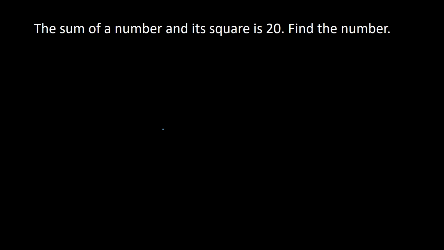Now for any word problem, you want to begin by identifying what your variable is. What is it that you're trying to find? And here it tells you what you're trying to find. You're trying to find the number. So we'll let the number equal x. And then using that, we can set up an equation where it says the sum of a number and its square is 20.